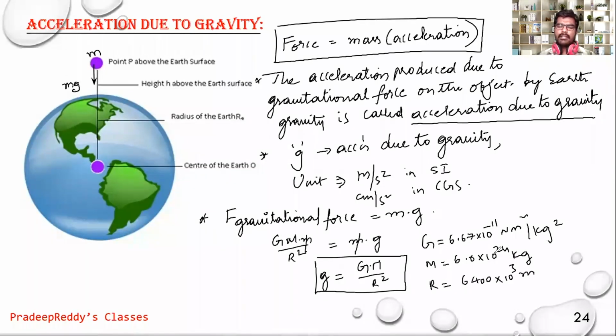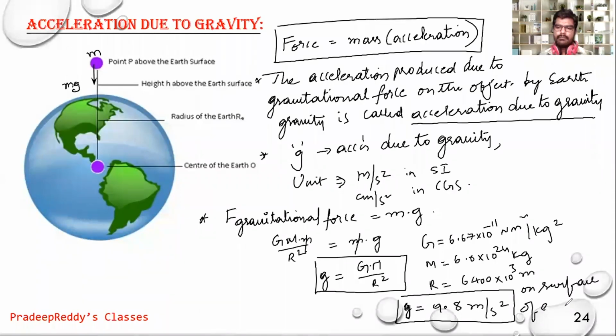If you substitute all the values in the expression and calculate, nearly you will get g as 9.8 meter per second square. So on the surface of the earth, its value is 9.8 meter per second square.